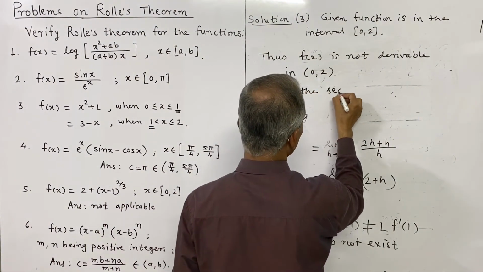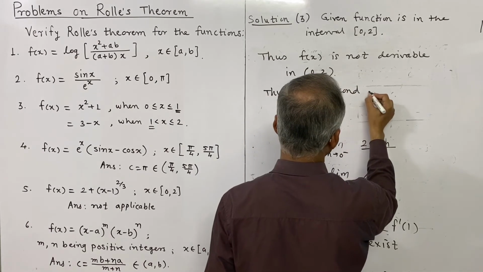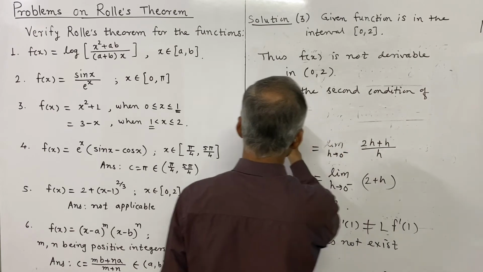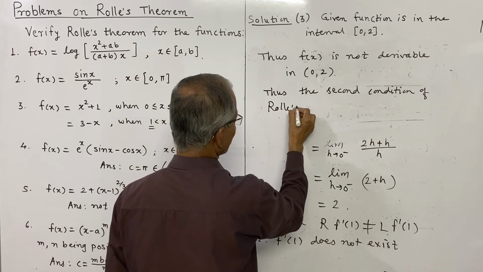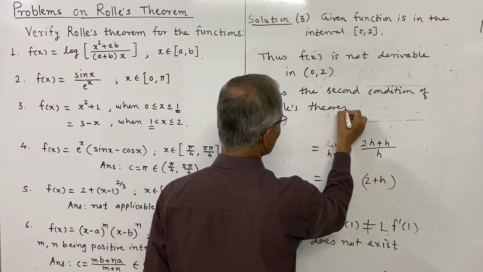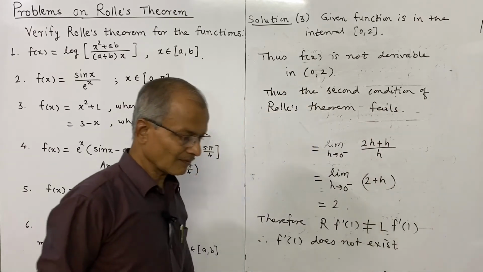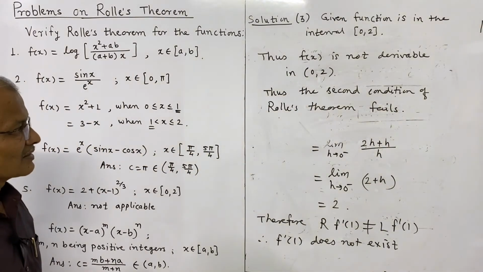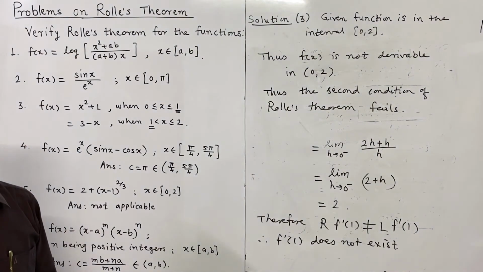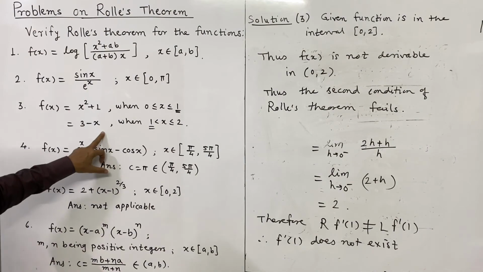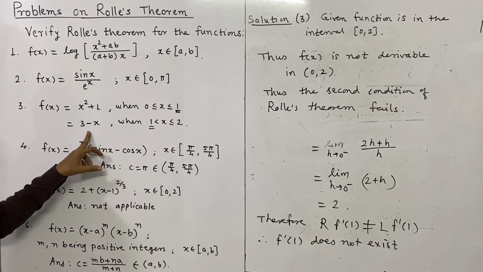The second condition of Rolle's theorem fails, and if one of the conditions fails, the theorem cannot be applicable, and that means Rolle's theorem is not applicable for this function.